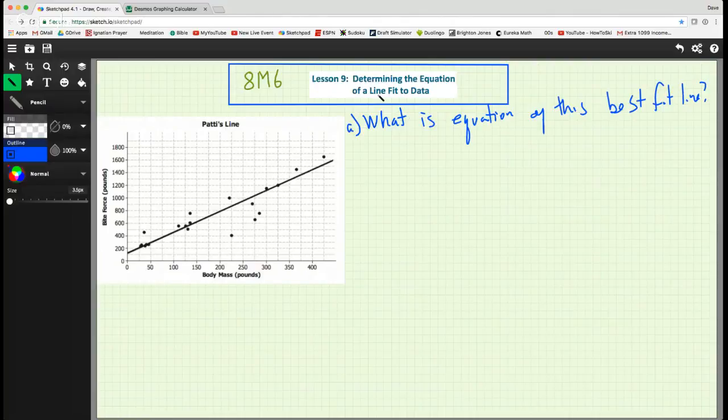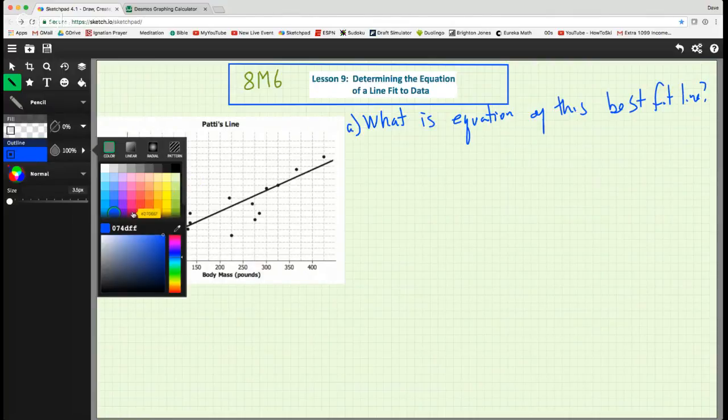All we have to do, and here's the key, and we'll write this in green.